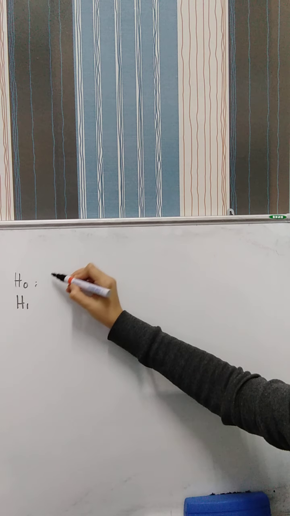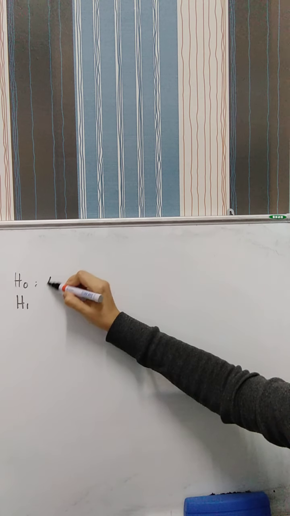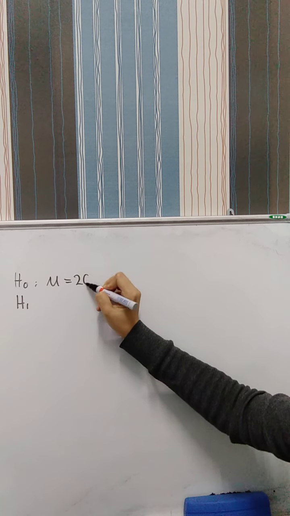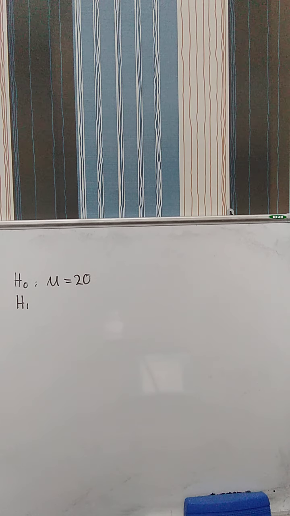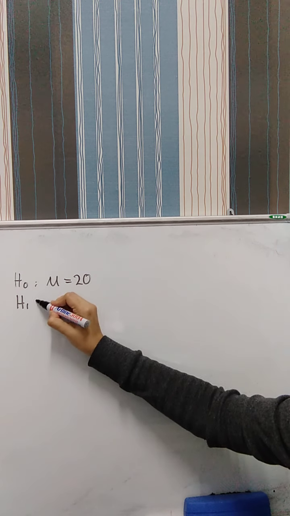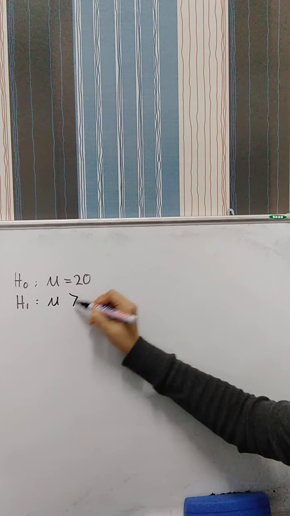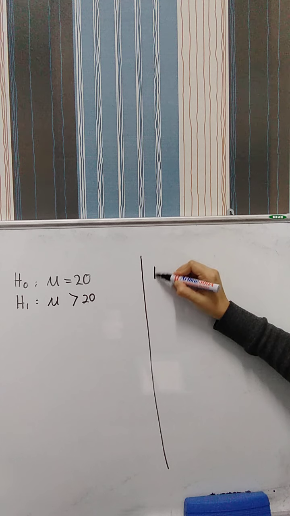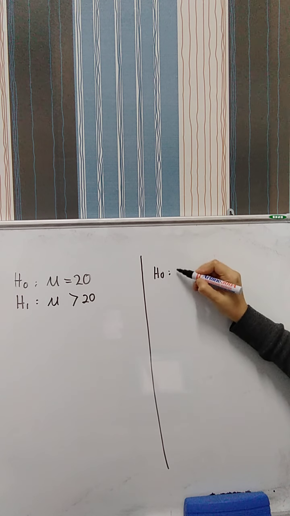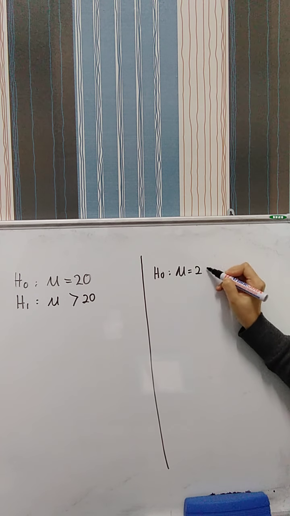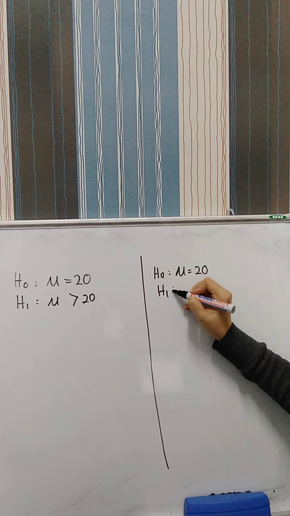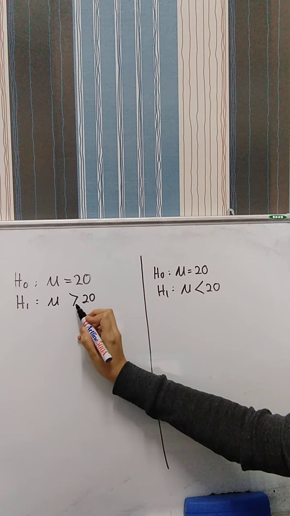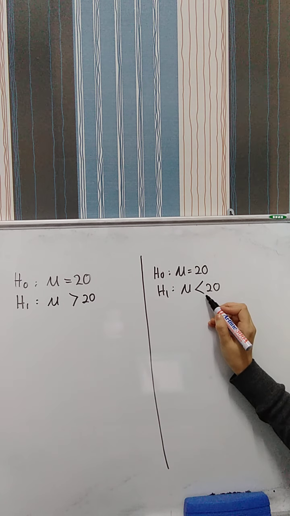For H0, for example, mu equals 20, and for H1, mu more than 20. You also have H0 mu equals 20 and H1 mu less than 20. Symbol more than and less than.